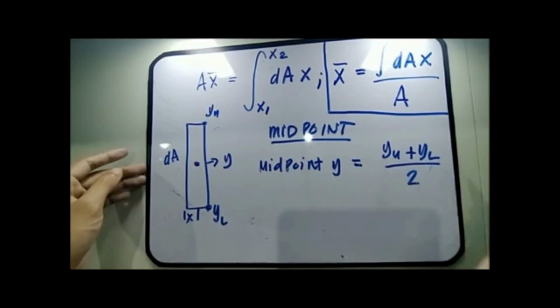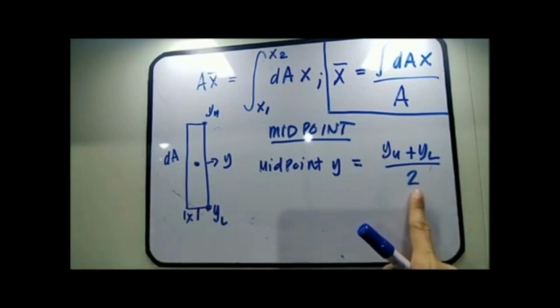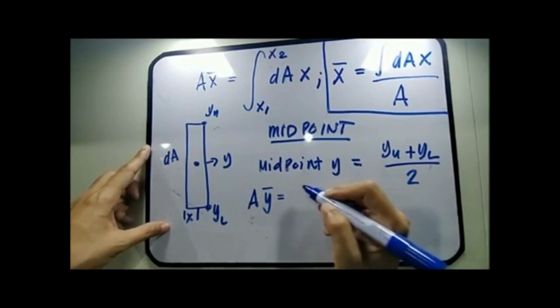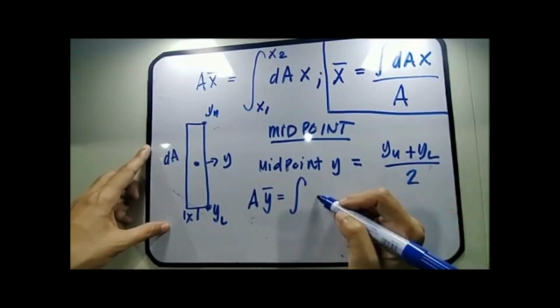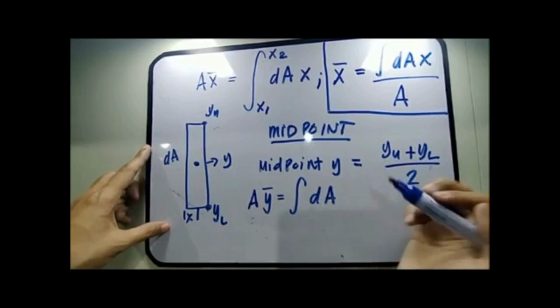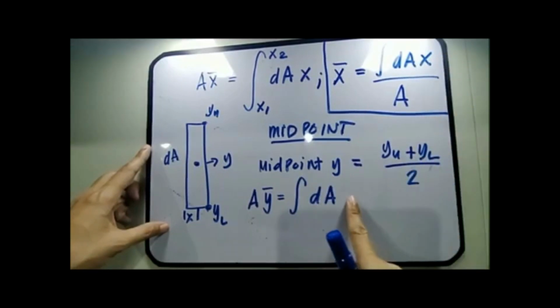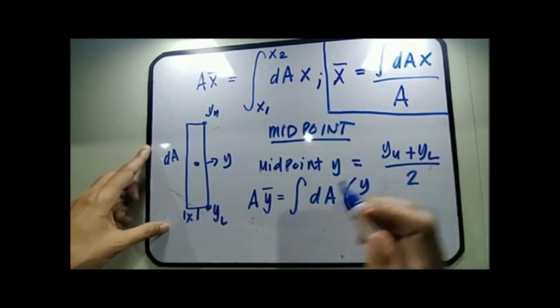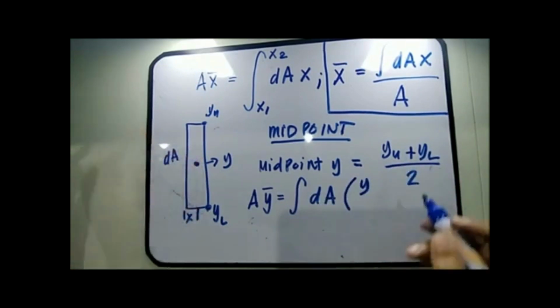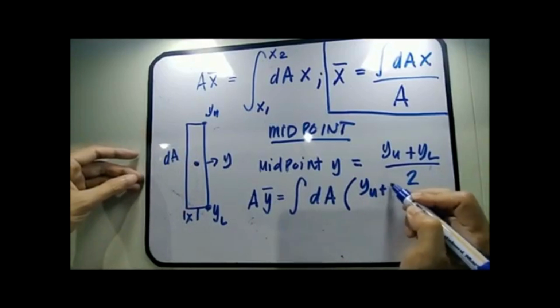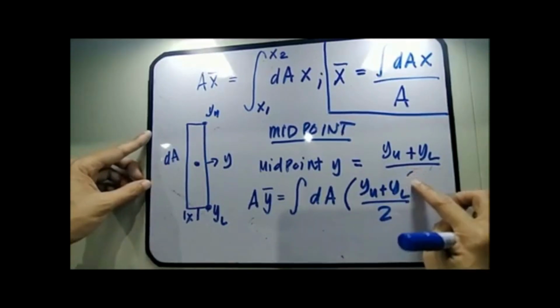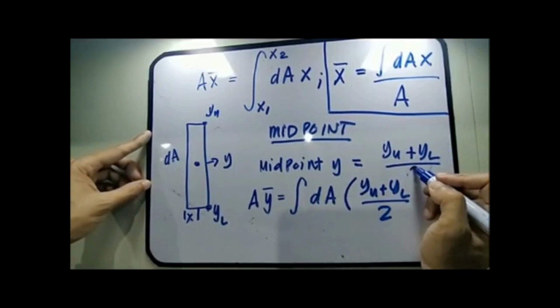So, we just change all those variables in our previous formula. The total area of the figure times y bar is equal to the integral of differential A times y. But y is y upper plus y lower all over 2. So, it is the midpoint. So, usually guys, hindi siya talaga naka-indicate sa mga reviewers. But here, linagay ko na in general kasi yon talaga yung kanyang basic concept.